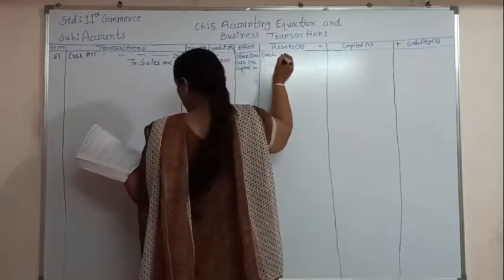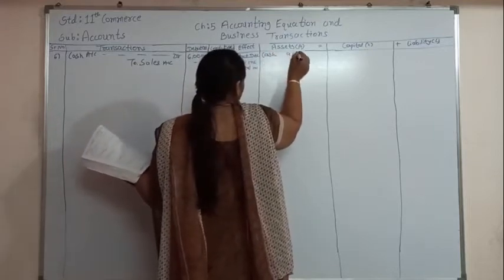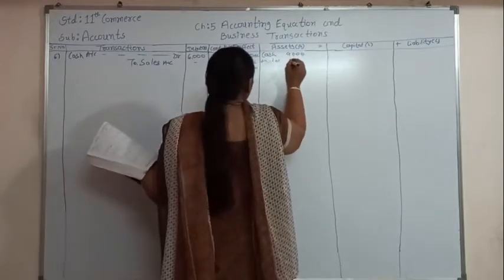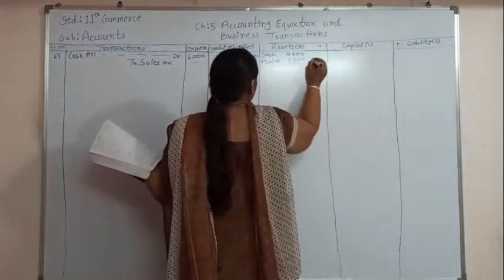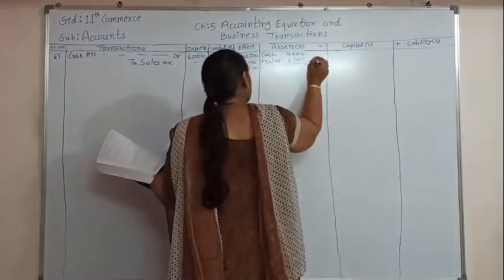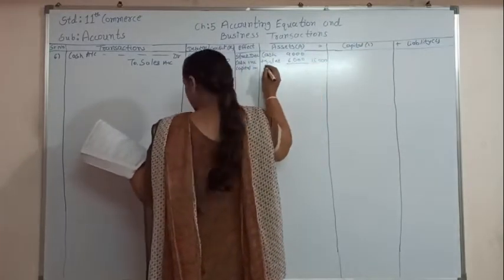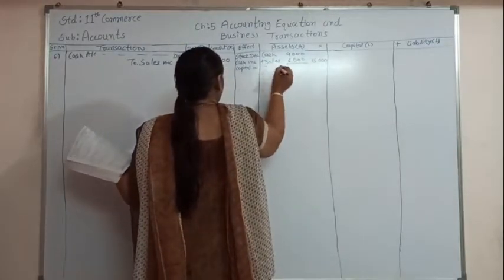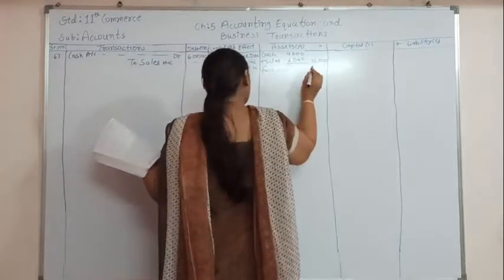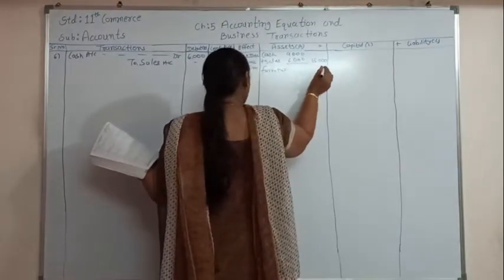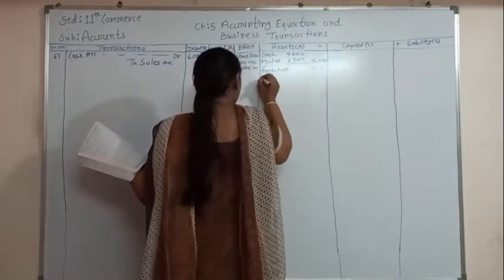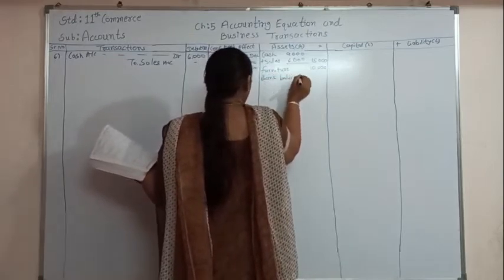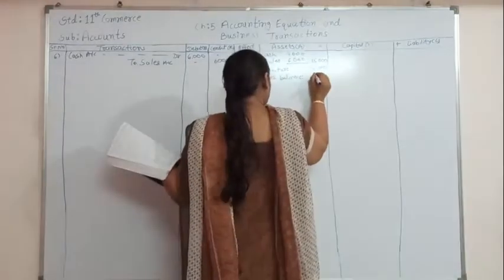Here, the very first is the cash account. So the cash account was of rupees 9,000 plus sales. Here sales is of rupees 6,000, so we are going to add 6,000. So cash will be 15,000. After that there was furniture, which is 10,000. Then there was a bank balance, which was of rupees 5,000.